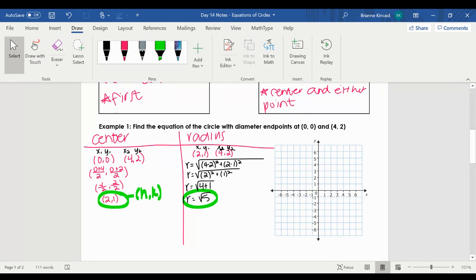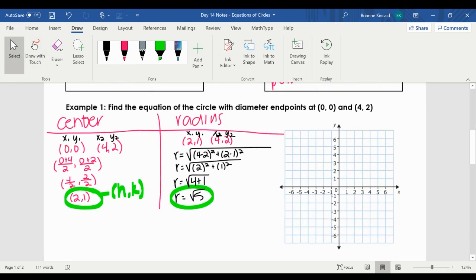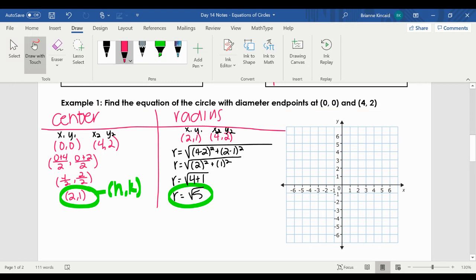Here's the other thing that I would get in the habit of doing. I would go through and actually graph these and see if it makes sense. So what I found is diameter endpoints are at (0, 0) and (4, 2). When I plot my center that I found, (2, 1), it should look like it's directly in the middle of those, which it does.